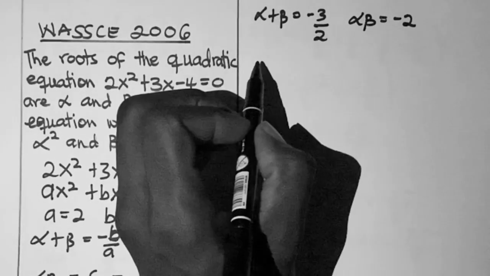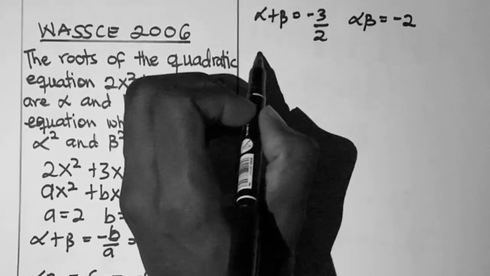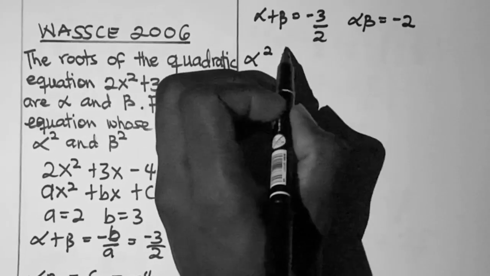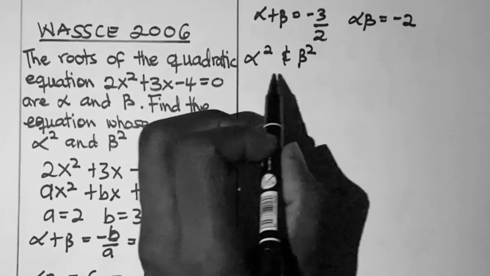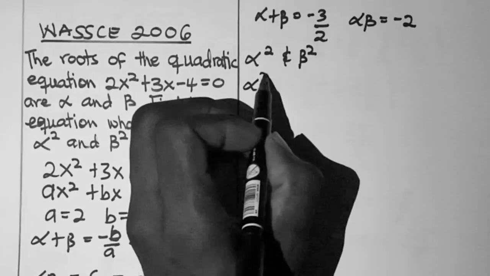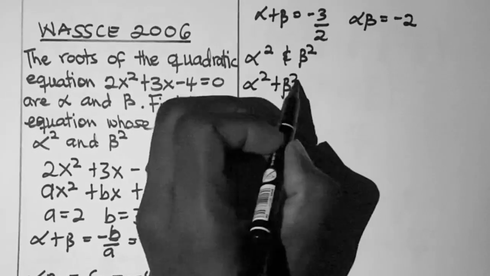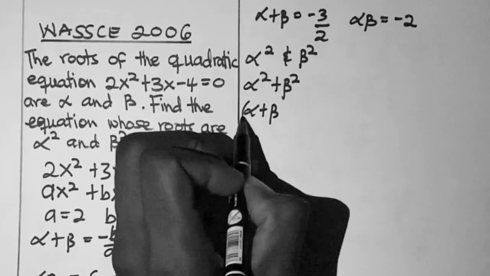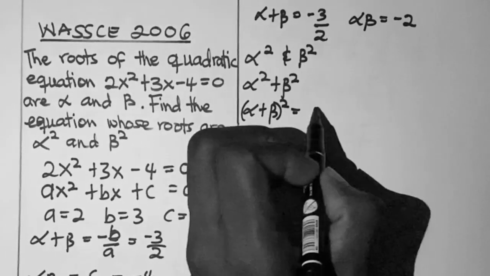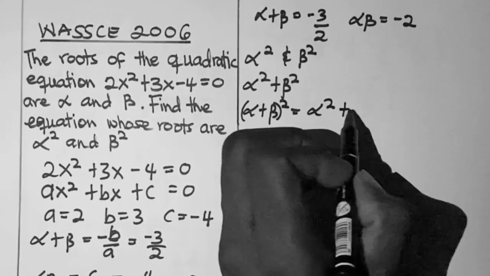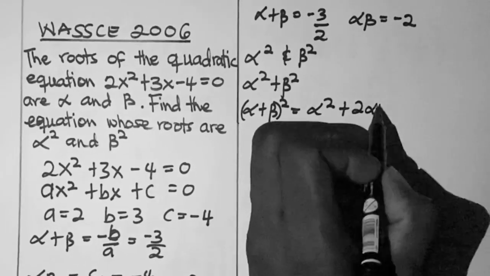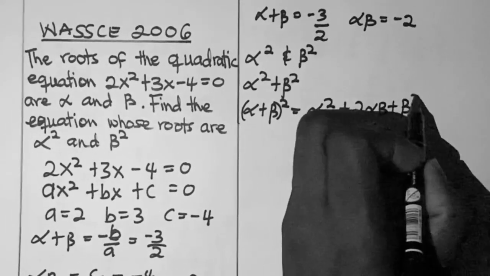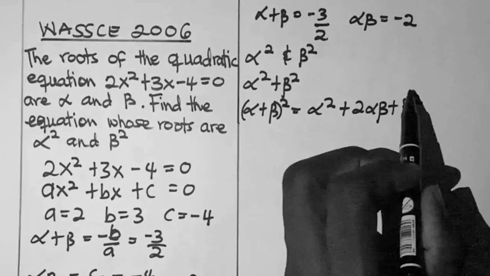So now the roots we are supposed to find the equation for are alpha squared and beta squared. So let's find the sum of roots, which is alpha squared plus beta squared. But we know that alpha plus beta all squared is equal to alpha squared plus 2 alpha beta plus beta squared. So you see that here is alpha squared plus beta squared.